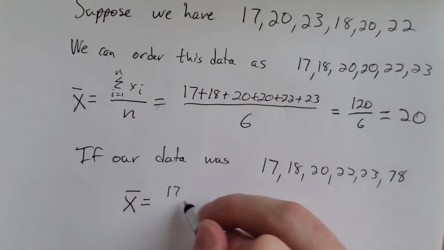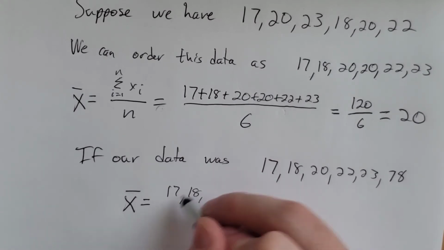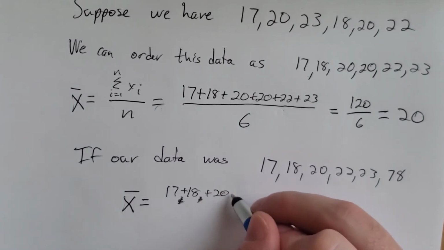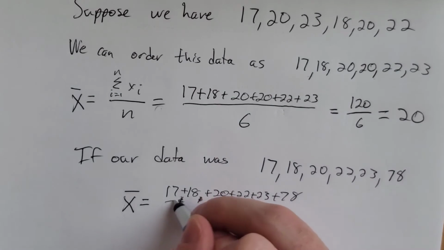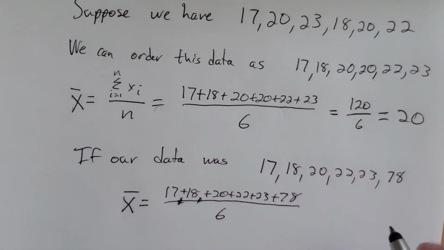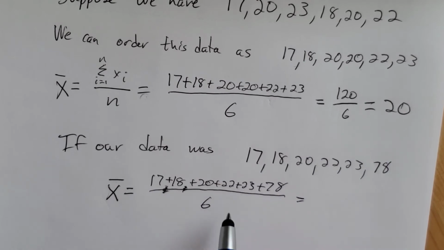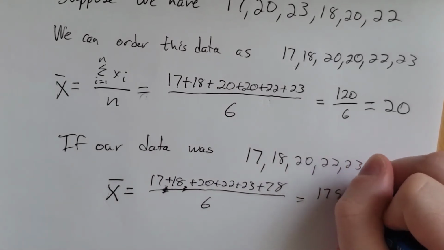Well, we get 17, 18, oh, sorry, oops. There are supposed to be plus symbols in there. 17 plus 18 plus 20 plus 22 plus 23 plus 78, all divided by 6. All right, 17 and 23 is 40. We get another 40 there, so it's 80 plus 20 is 100. Plus 78 is 178.